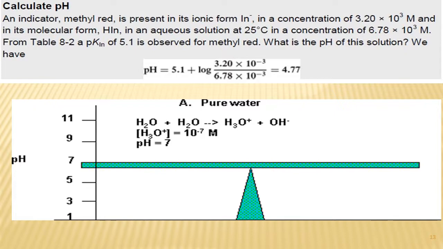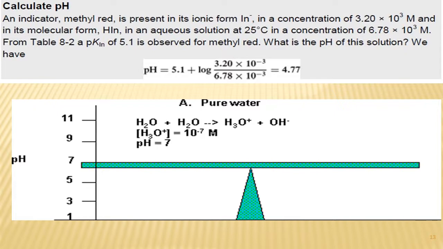We have another example here. Calculate pH, what we call an indicator. An indicator, methyl red, is present in its ionic form, In indicator, in a concentration of 3.2 multiplied by 10 to the power minus 3 molar, and in its molar form, H indicator, in an aqueous solution at 25 Celsius in a concentration of 6.78 multiplied by 10 to the power minus 3 molar.